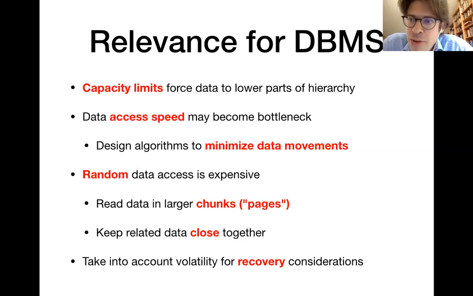Database management systems use quite sophisticated strategies to make sure that your updates are secure, and that even if you suddenly lose power or some other catastrophe happens, your database remains in a consistent state. And those strategies need to be very aware of which level of the memory hierarchy your data currently resides on, and whether that level is volatile, meaning it loses data once the power switches off, or not.